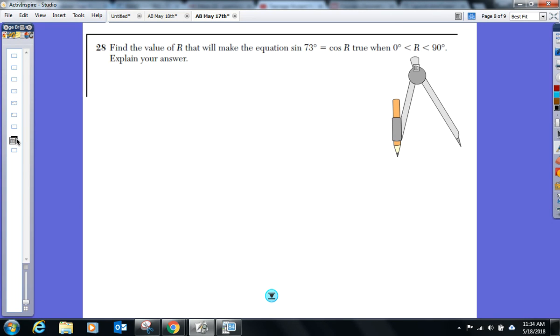Can you and your group, or maybe you on your own, figure that one out? Number 28, go backwards, 28.